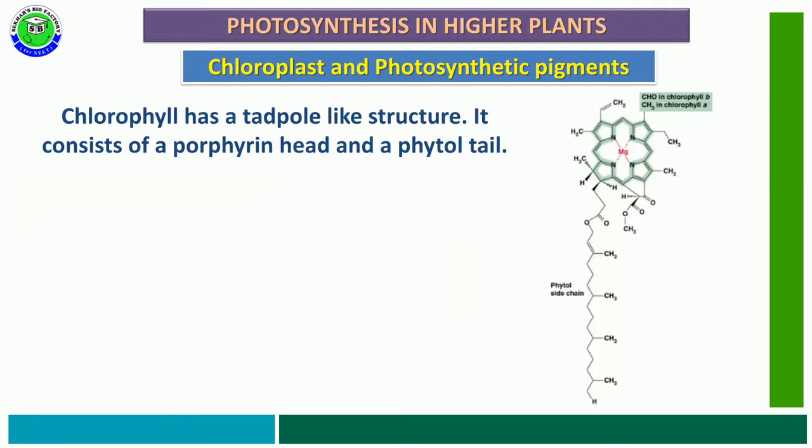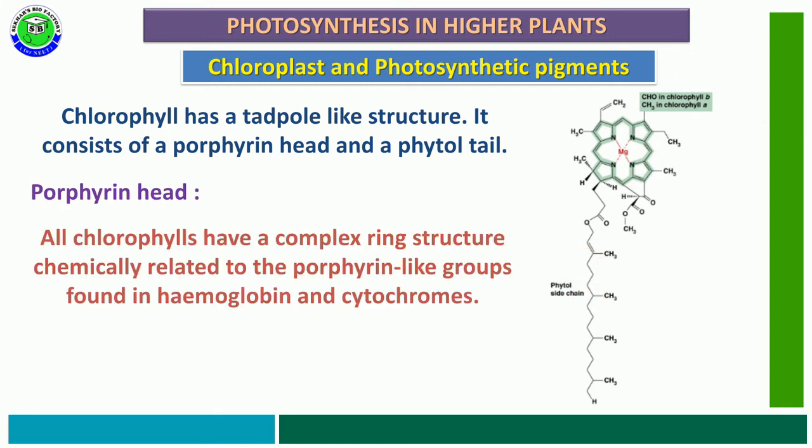Each chlorophyll molecule has a tadpole-like structure, with a porphyrin head and a phytol tail part. All chlorophyll pigments have a complex ring structure chemically.